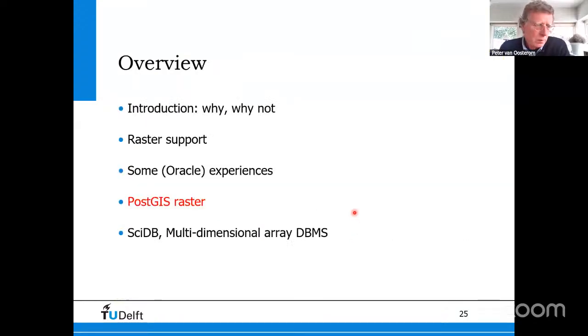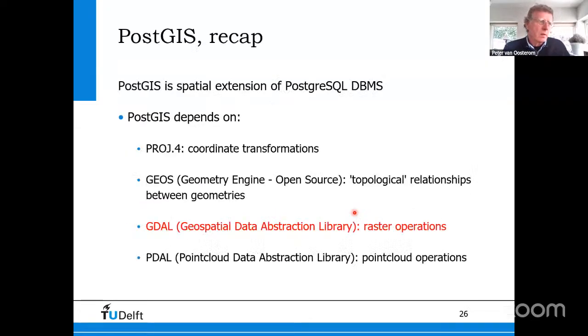Okay, that was Oracle. Yeah, one of the first raster support solutions. The next one I will discuss is Postgres and the PostGIS raster. It is dependent on a number of libraries.